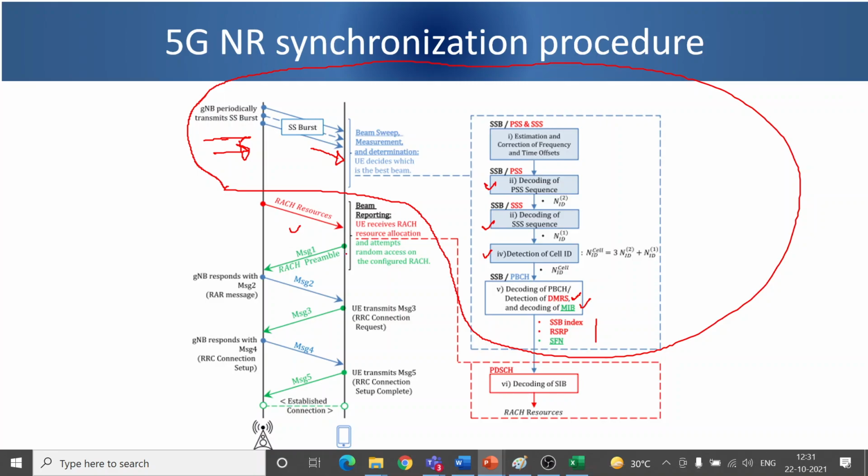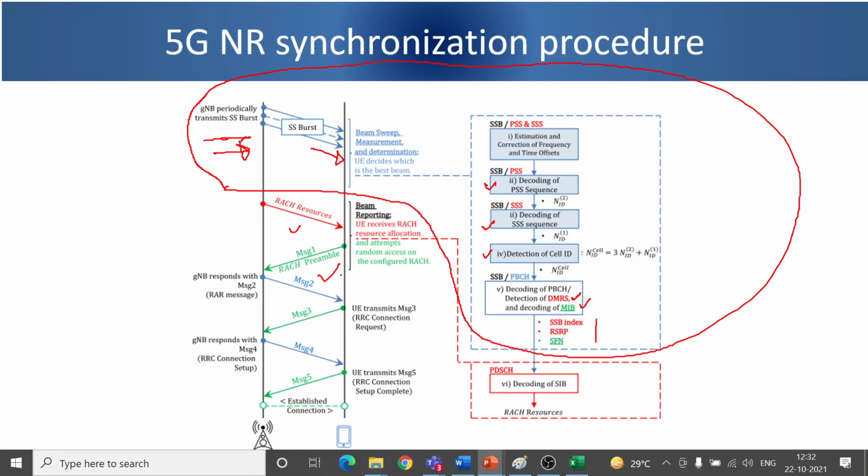Your gNodeB provides the RACH resources after the UE is able to latch onto the downlink synchronization, and then we call it message 1. Your UE is sending a random preamble which is programmed in the user equipment, and those are common to all the UEs.